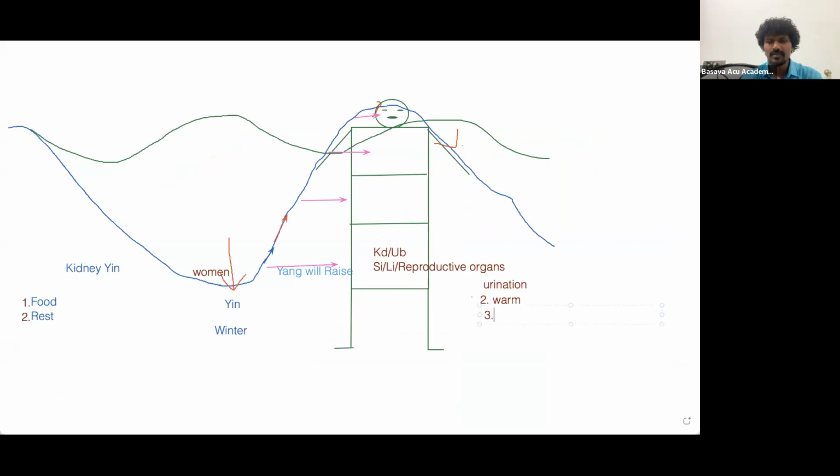The warmth and skin scaling. Fourth, of course, menstruation is also a function.